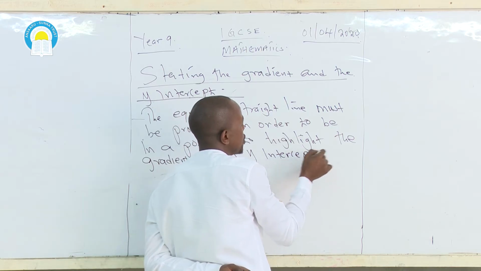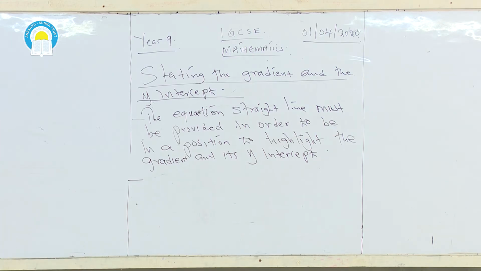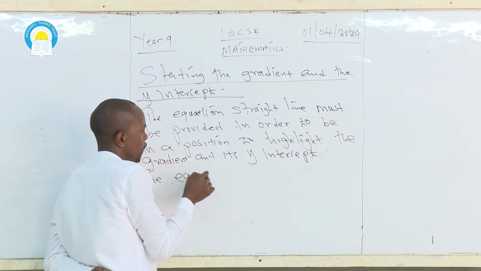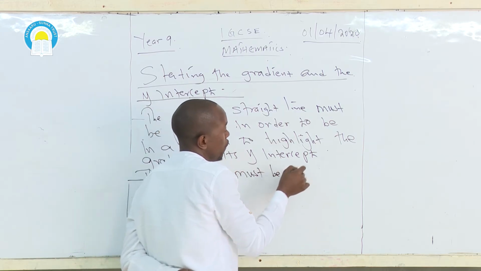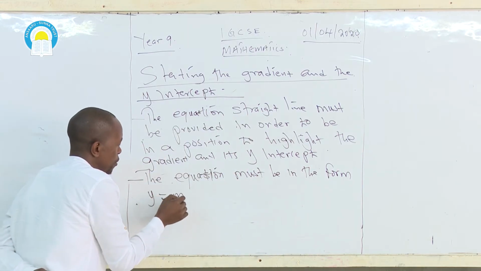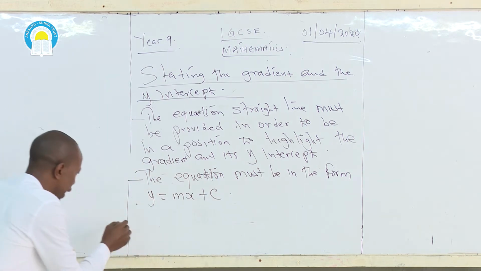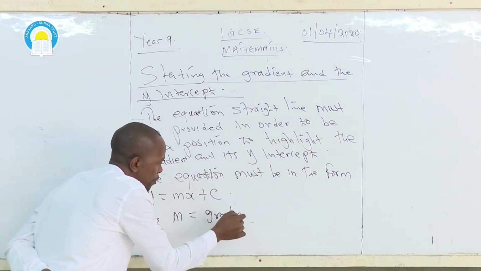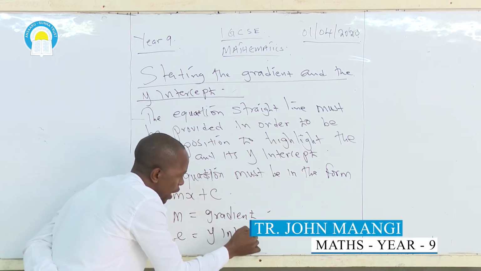And it's the y-intercept. Remember that for you to be in a position to state the gradient, the equation must be in the form of y is equals to mx plus c, where m is the gradient and c is the y-intercept.